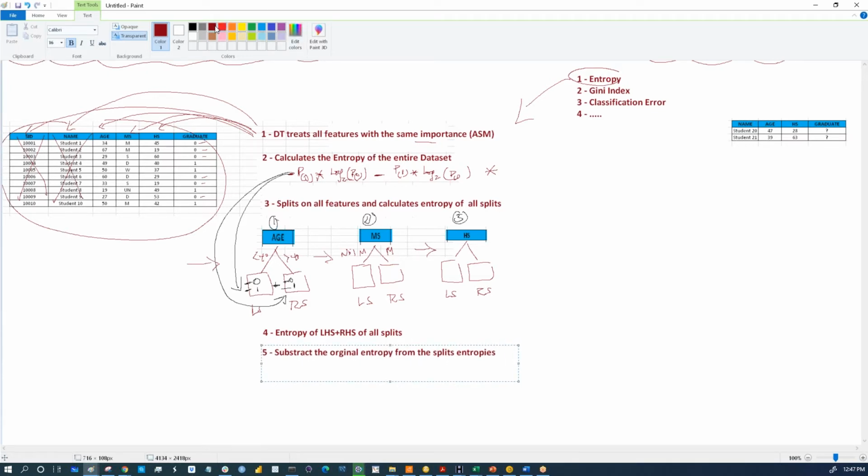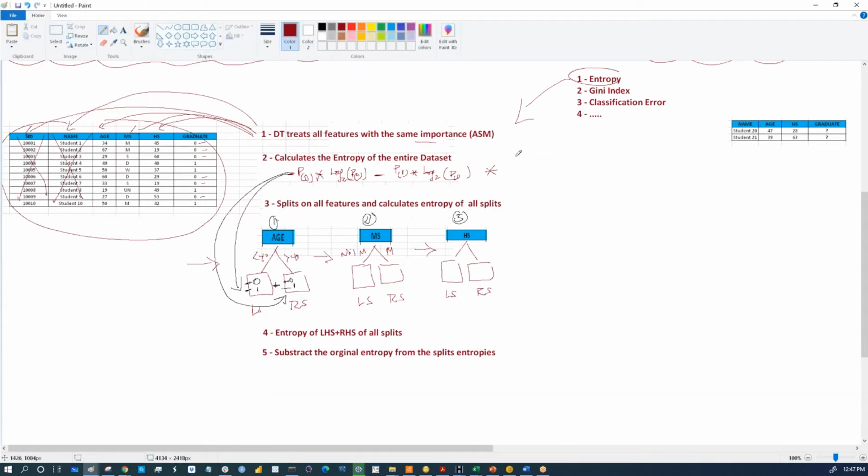Okay, let's assume that the entropy from the entire data set is, let's say, 0.7. And by the way, the entropy here simply means how uncertain you are.